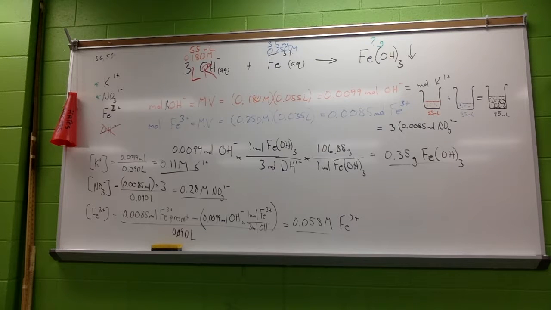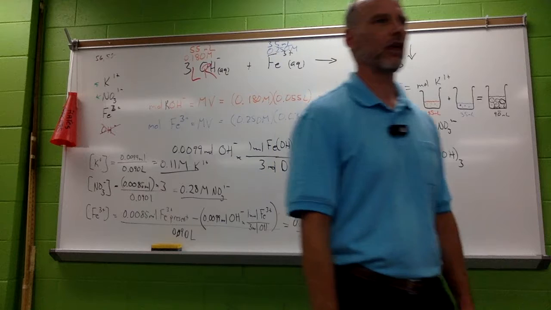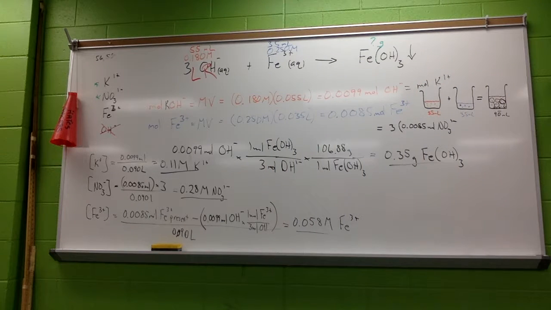Now, I want to show you something kind of interesting, which hopefully, because I know early on when we were doing this dissociation thing, some of you were kind of wondering why I had to put the charges on things. Well, what is the charge on the original solution of potassium hydroxide? What's the net charge of the potassium hydroxide solution?